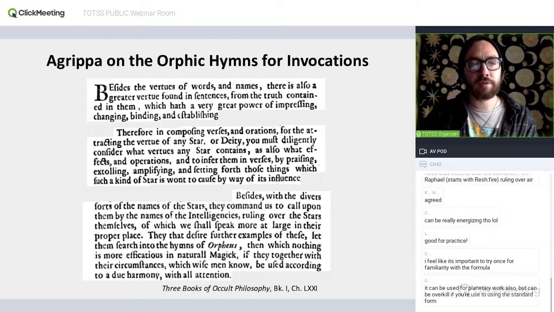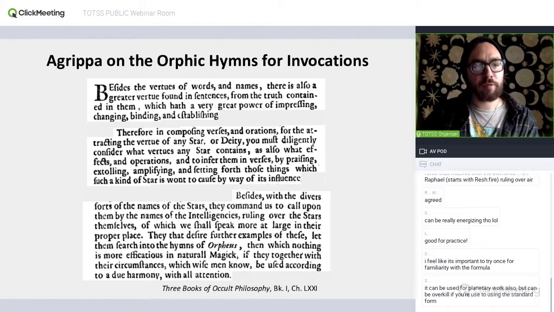So he's saying, besides the virtue of words and names, there is also a greater virtue found in sentences, from the truth contained in them, which hath a very great power of impressing, changing, binding, and establishing. Now, these are just a few excerpts of a longer discussion. It's worth going and reading the whole thing, but this should give you the idea of what Agrippa's talking about here.